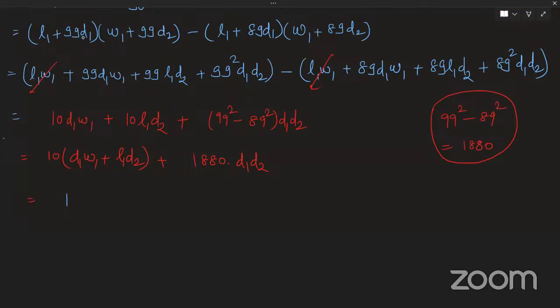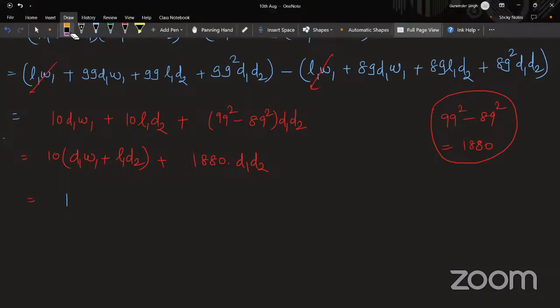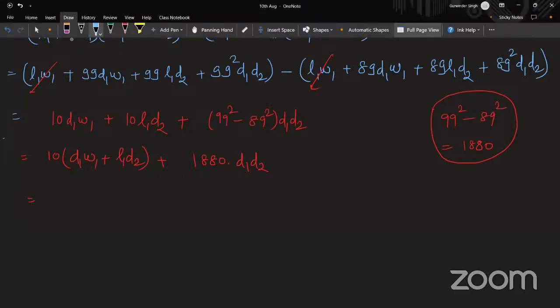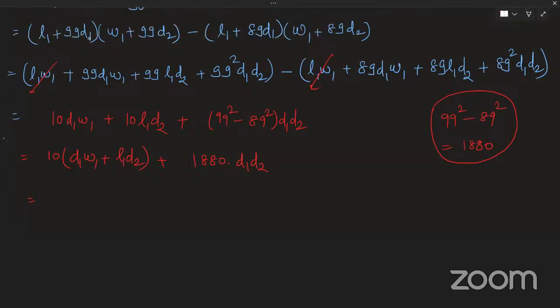They are telling 99 squared minus 89 squared. No, no, I am asking for the whole expression. Final answer. The final numerical value I am asking. Is it 10, sir?